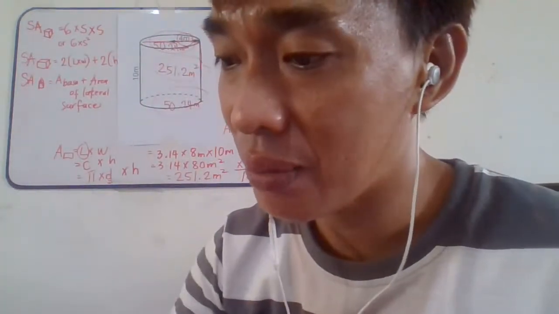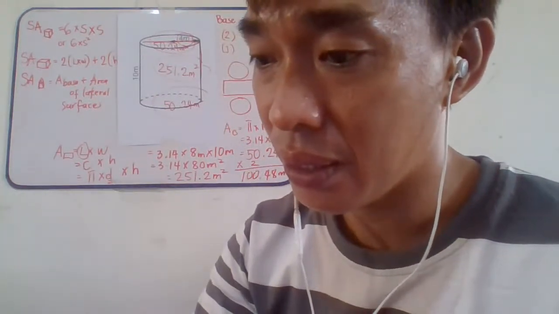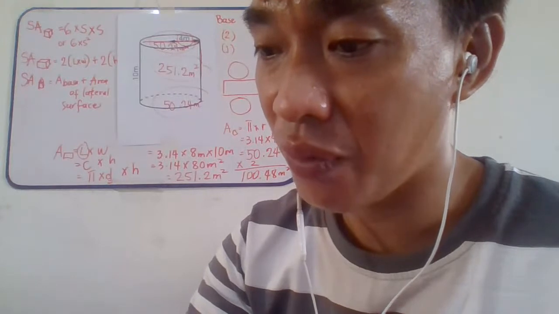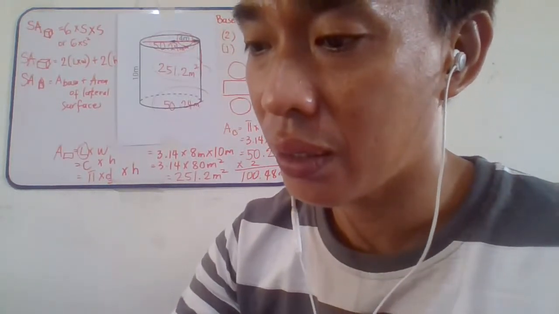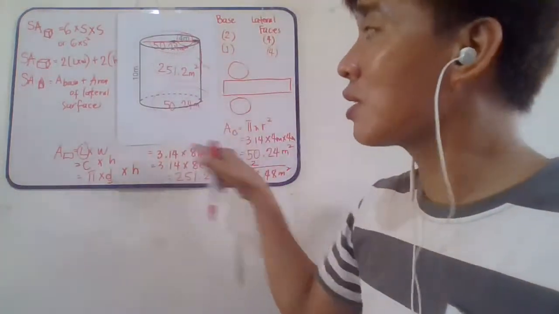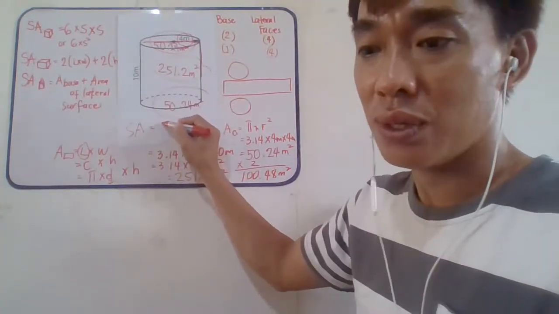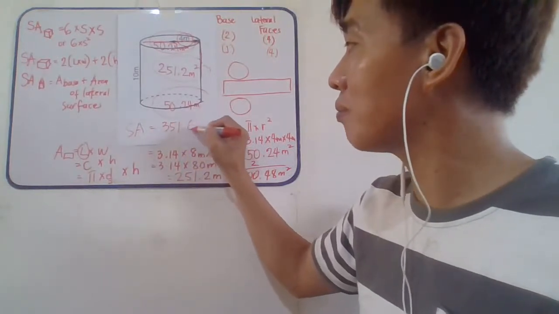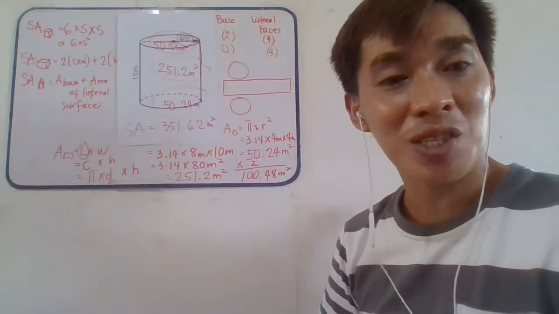That will give us 251.2 plus 100.48. So the total surface area is equal to 351.68 meters squared. Any question with that?